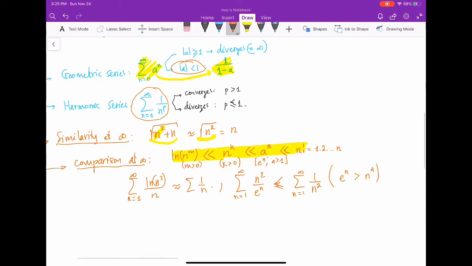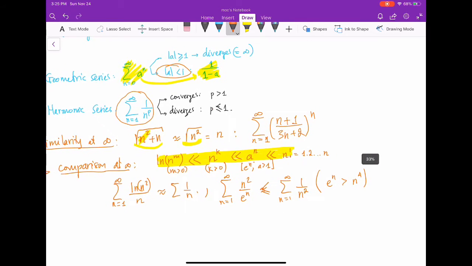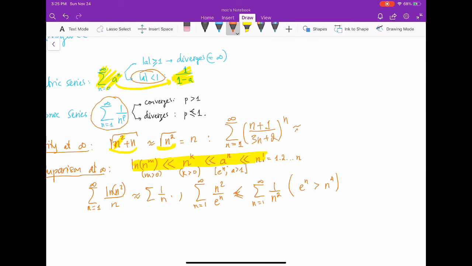Like this, if we use similarity, I want to give one more example about similarity, right? Say this series, which looks complicated. Let's say 1 over 2 and then 3n plus, let's say any number like 2, and then to the n, right? This series looks horrible, right? But if you use similarity at infinity, you say this guy is similar to what? Series from 1 to infinity, on the top you just pick n, in the bottom you pick 3n to the n, right?